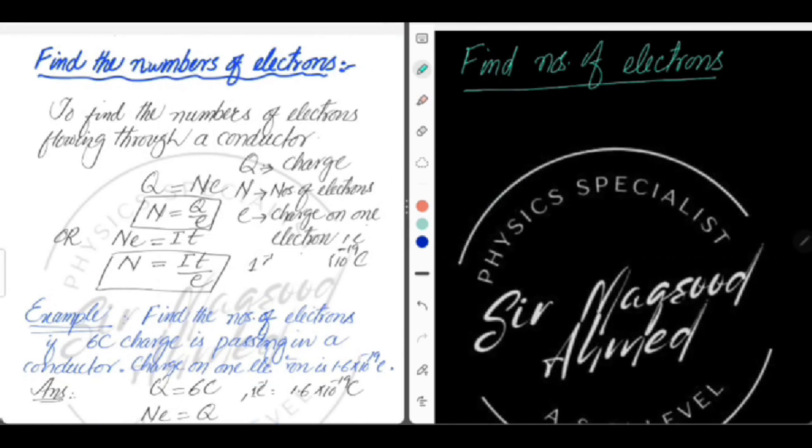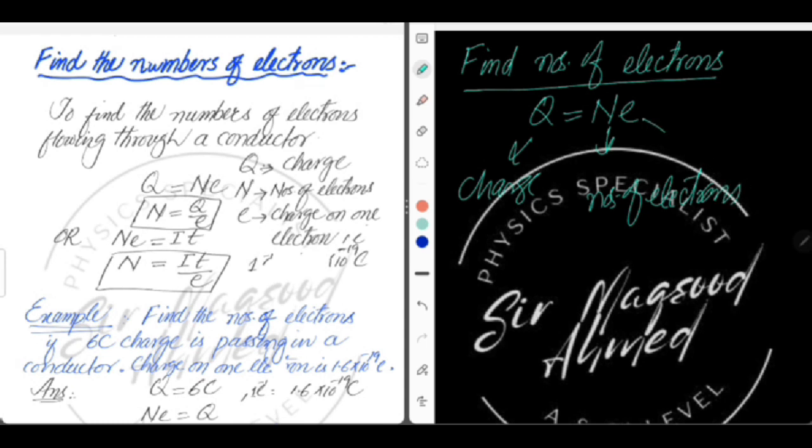Now we will discuss how we can find the number of electrons if a current is passing through any conductor. To find the number of electrons, we have a formula Q = NE, where Q is the charge, N is the number of electrons which we want to find, and E is the charge on one electron.